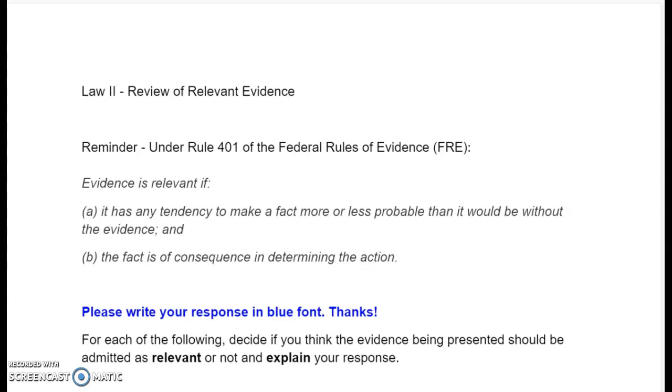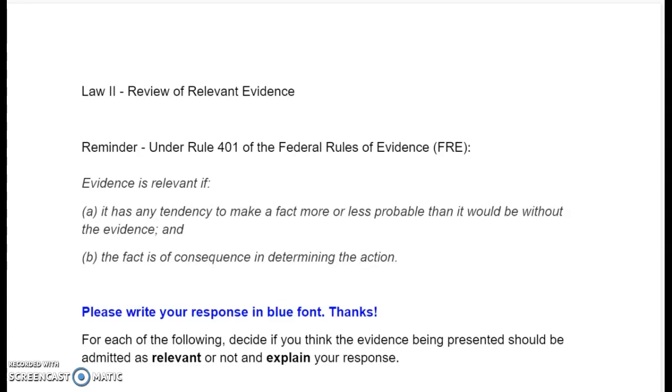But just by way of reminder, guys, whether or not evidence is relevant is essentially the threshold for determining whether or not it's admitted. So anytime you look at a piece of evidence that you're looking to admit into court during a trial, the first question you have to ask is: is the evidence relevant?